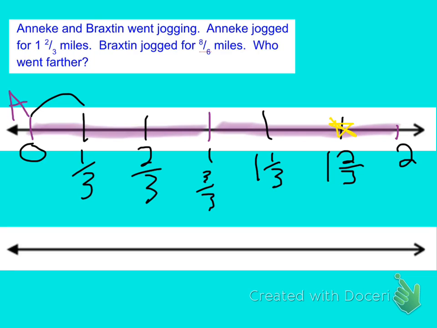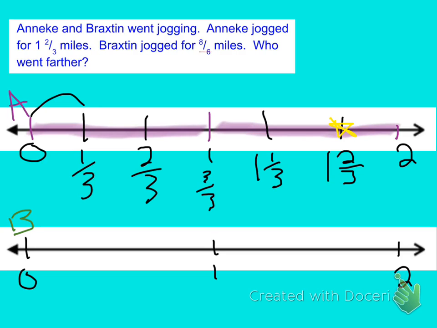Now we're going to go down to Braxton. I'm going to label this one B for Braxton. Again, our number line is going to be broken into 2 wholes, I'm sorry. So there's 0, 1, and 2. And now Braxton, his says 6. So I'm going to have to break his into 6 equal pieces.